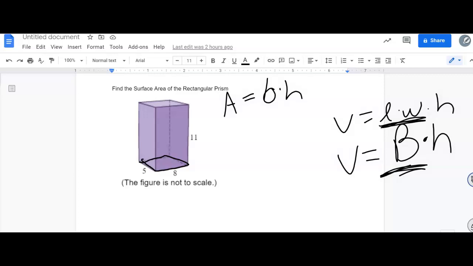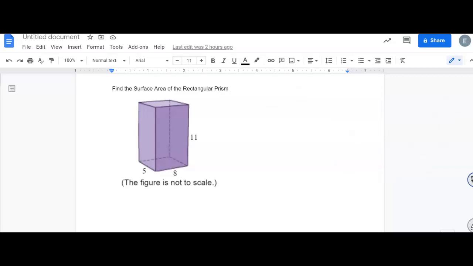All right. See if you can find the volume of this rectangular prism. You may talk with your neighbor. How do we find the volume of this rectangular prism?